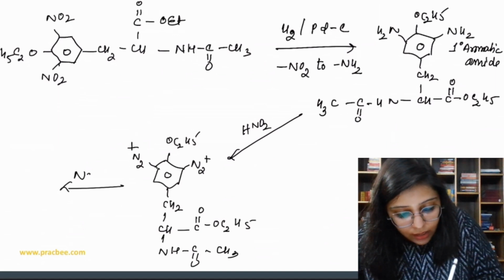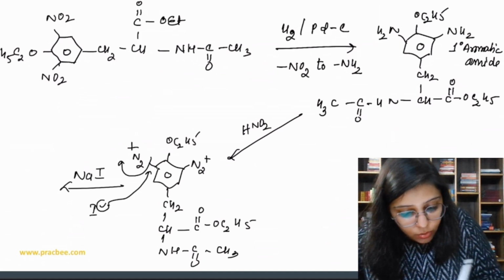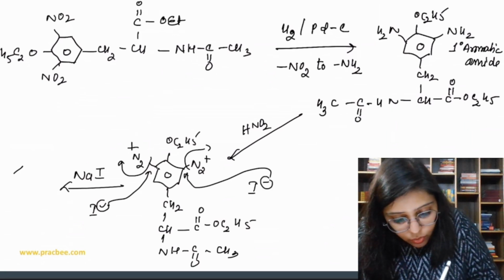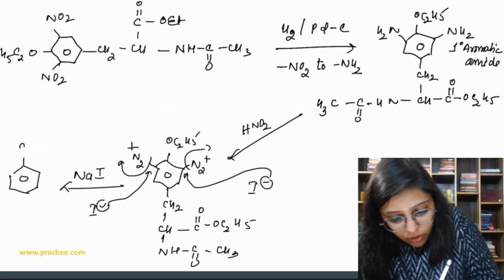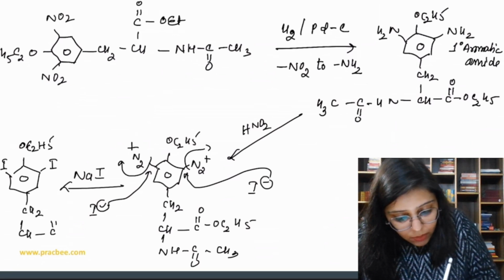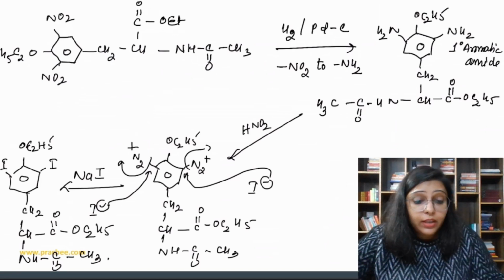Then NaI. So I minus attacks over here and N2 leaves. Similarly, I minus attacks over here and N2 leaves. So we have the final product OC2H5, iodine, iodine, CH2, CH, C double bond O, OC2H5 and NH, C double bond O, CH3.